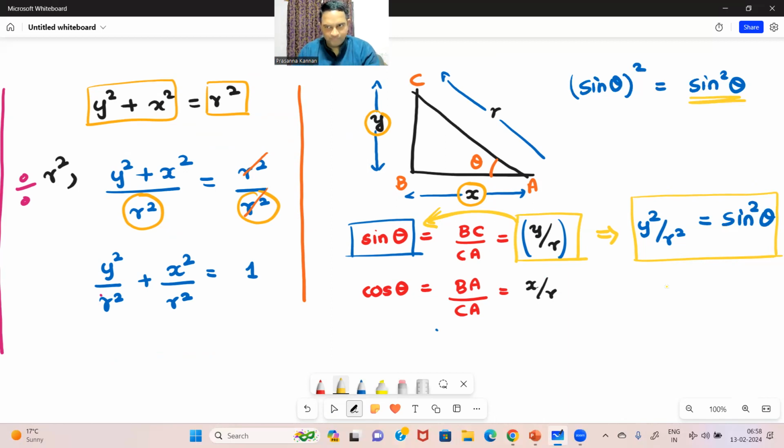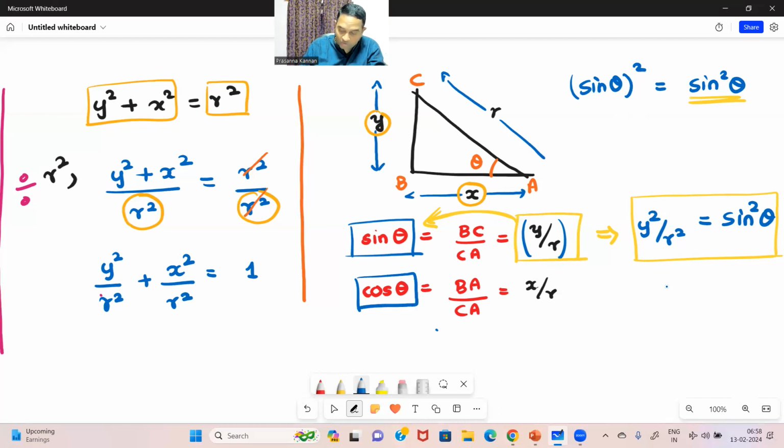Very good. We can't just say sine theta square, because people might mistake it. That is why we say sine theta the whole square, and that equals sine square theta. It's a convention, a way of saying it.